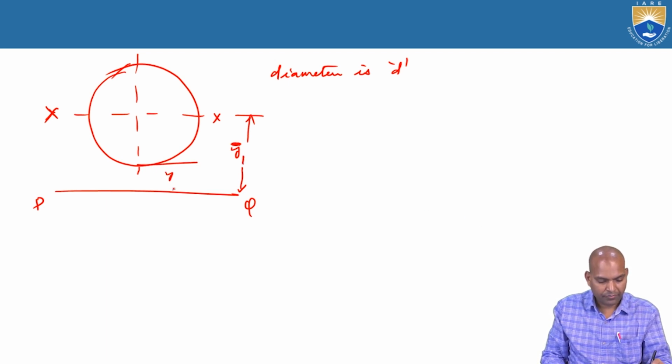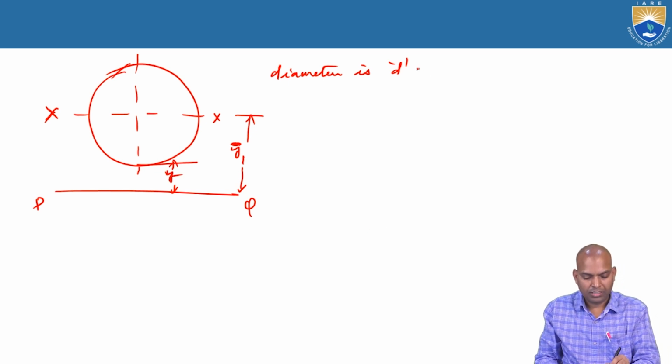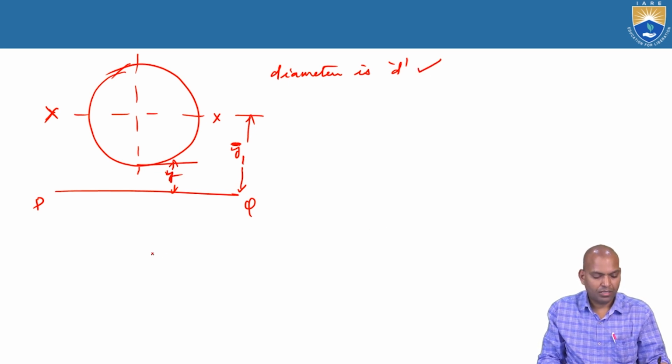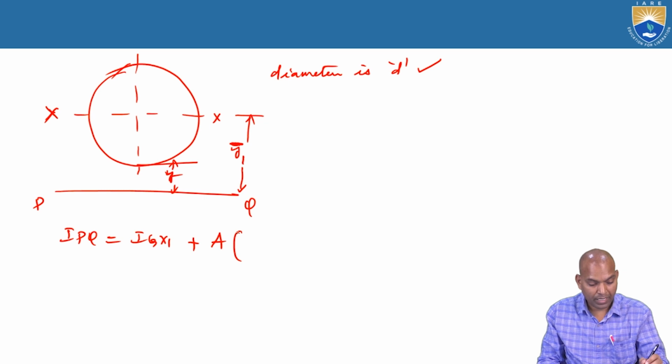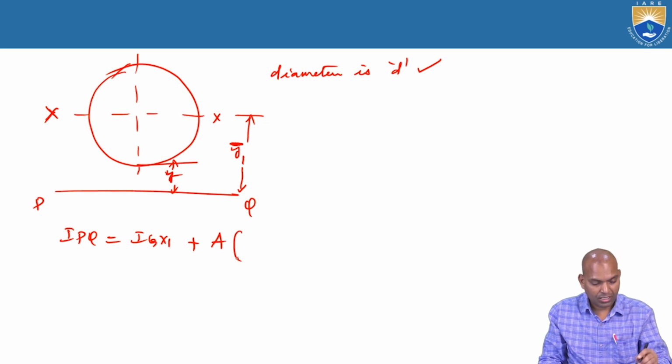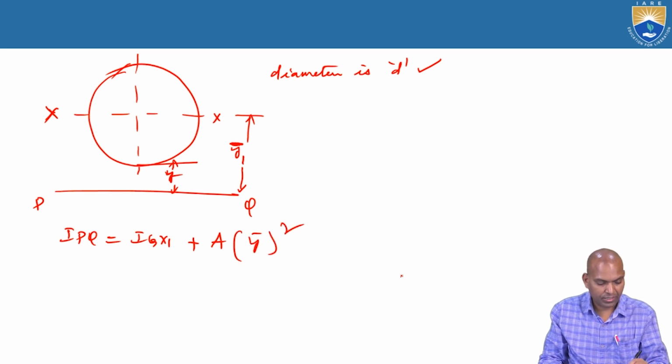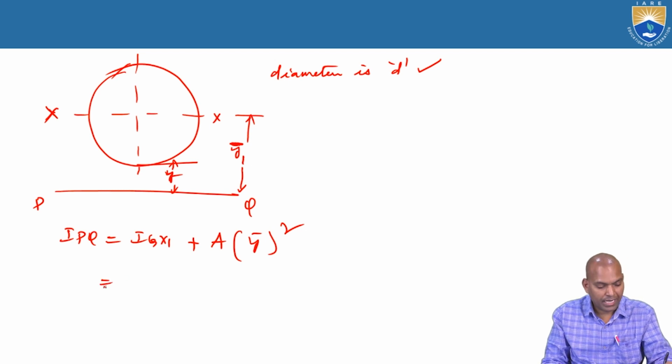Now here it is some y. What about the diameter d? We want IPQ. IPQ equals IGX1 plus area of the circle A times the distance from the reference axis, that is bar y, whole square. What about IGX1?